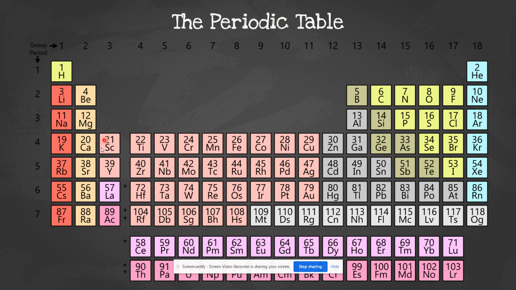All in the center here we have the transition metals. And then on the right-hand side, all the noble gases and these yellow elements, these are all the nonmetals. There's not very many nonmetals on the periodic table. It's almost all metals over here. And then we have these extra special ones that are this kind of beigeish color. And these are the metalloids or the semimetals, which have properties of both metals and nonmetals.